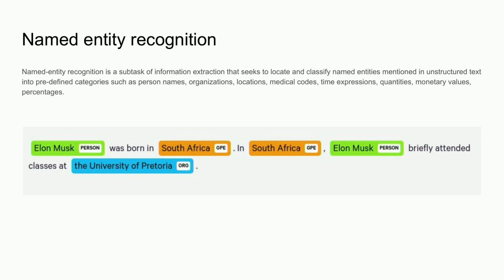Named entity recognition is the task of recognizing all the mentioned entities in the text, and those entities could be of various types. For example, we could have a person, a location, GPE, which I think means a geopolitical entity, and we also have organizational entities.